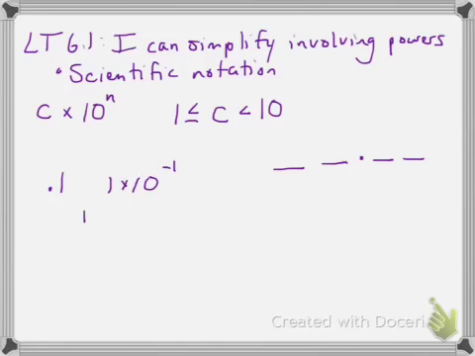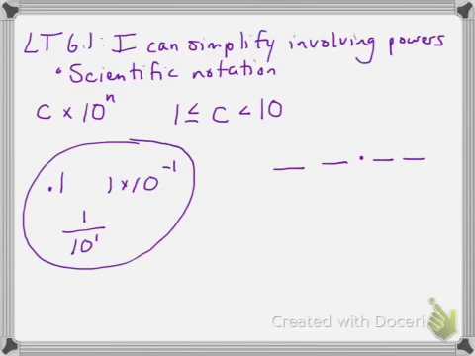So if we had 1 over 10 to the 1, this is the same thing. All three of these give you the same number, and that's 0.1. If you were to simplify either of these, it's going to give you that. So, sorry. So scientific notation.